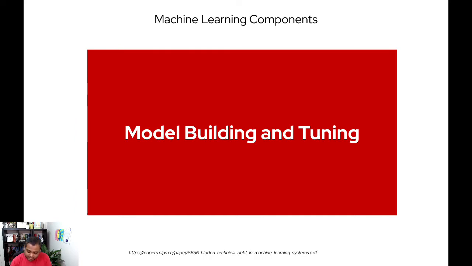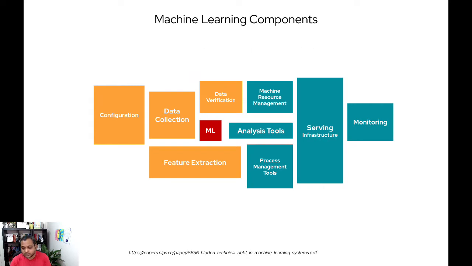But as per the Google paper, as you see the link in the bottom of this slide, there are many more components on top of just the model building and tuning. You need to first understand what data you need and where to get that data. You need to clean that data, you need to process that data at scale.